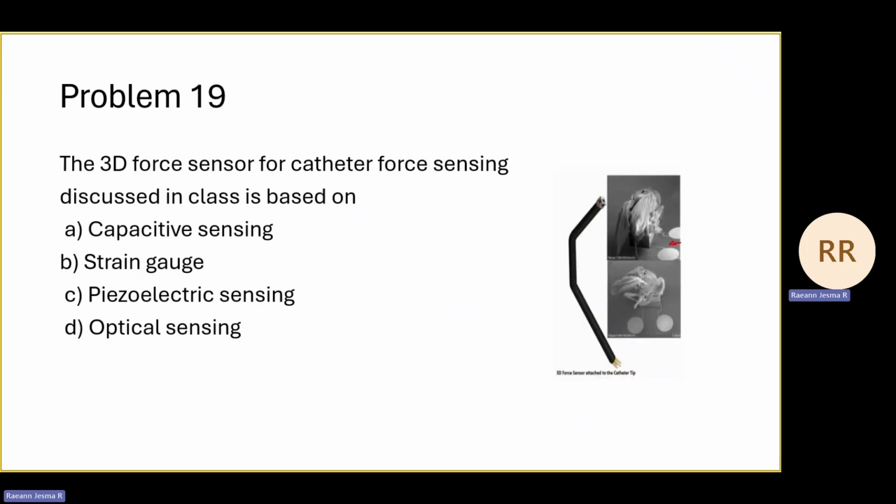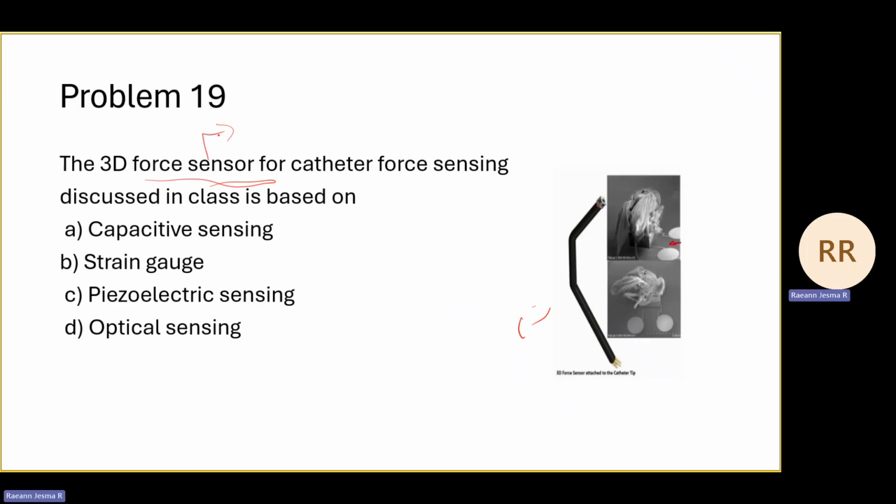Now let us move on to problem 19. The 3D force sensor for catheter force sensing discussed in class is based on option A, capacitive sensing, B, strain gauge, C, piezoelectric sensing, and D, optical sensing. Here you can see an image of the 3D force sensor which is attached to the catheter tip. So what kind of sensing are we using for this particular force sensor?